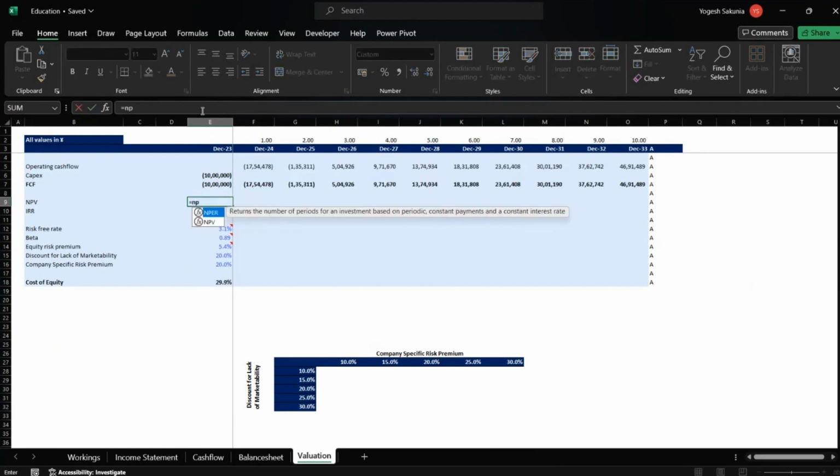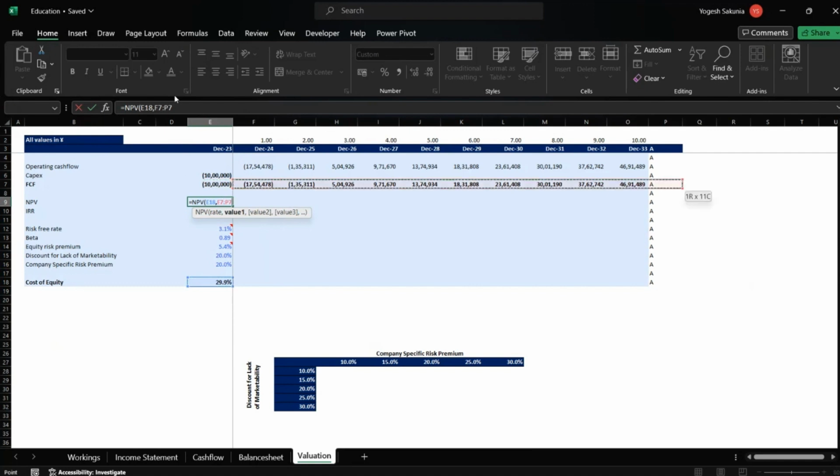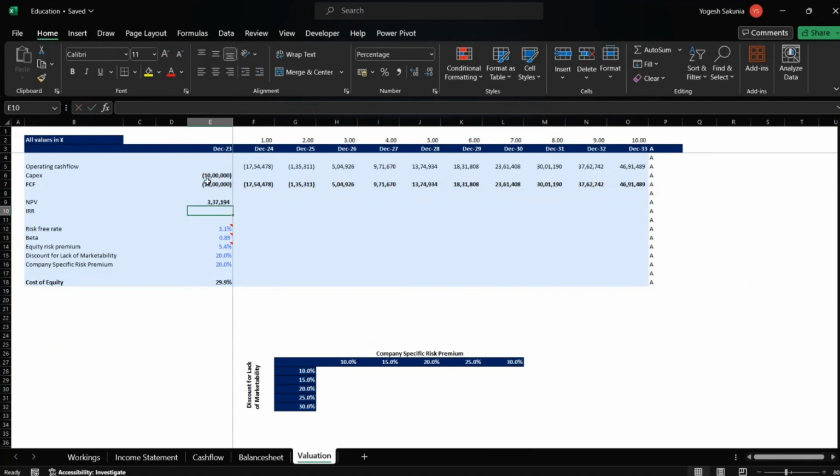So to calculate the NPV, we need a rate which is already calculated. Cost of equity is given to us, that is calculated, and then what we need to do is add up all these items, right? So it will calculate the present value of all these items, plus separately add up the item that is here which we don't discount, right?